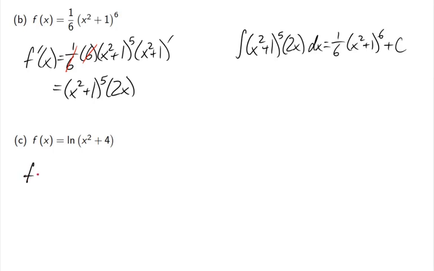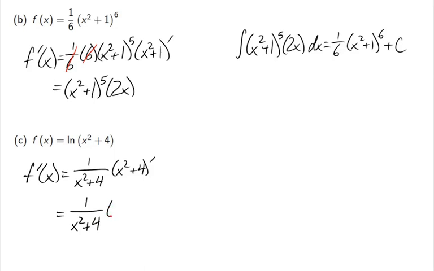Next one. To take the derivative of natural log of something, it's like a natural log of u, and we get 1 over u. Again, leave the inside alone, times the derivative of the inside. So I get 1 over x squared plus 4 times 2x. And from there, we could see this corresponding integral.